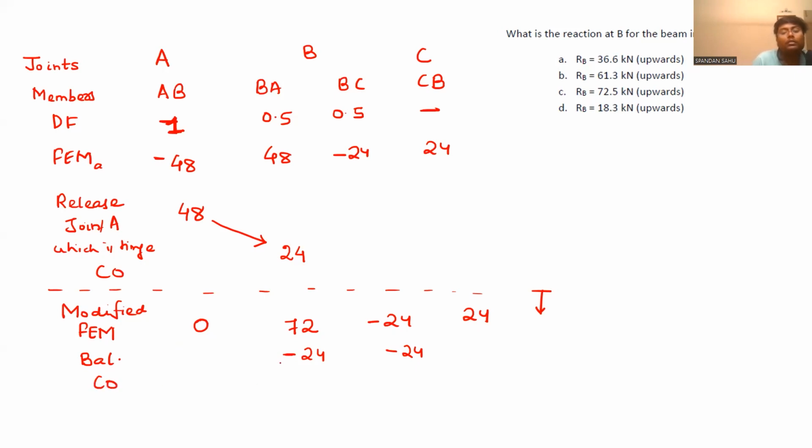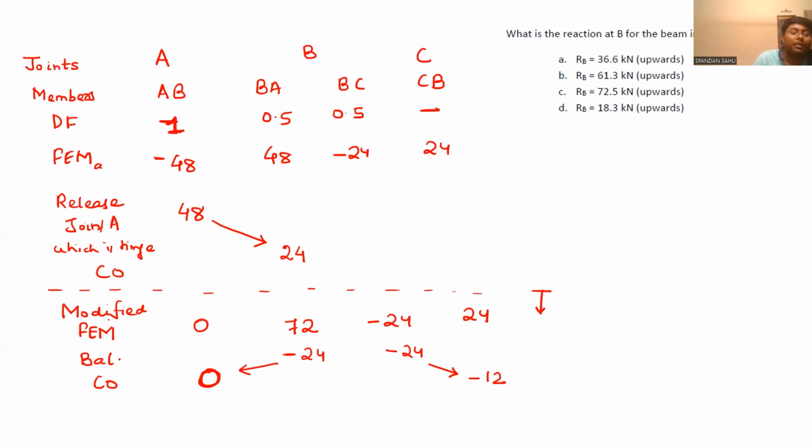Now, how much carryover will it give to joint A? Minus 12. What is the joint type at A? It is a hinge. Sorry, there won't be any carryover. And this will be minus 12.